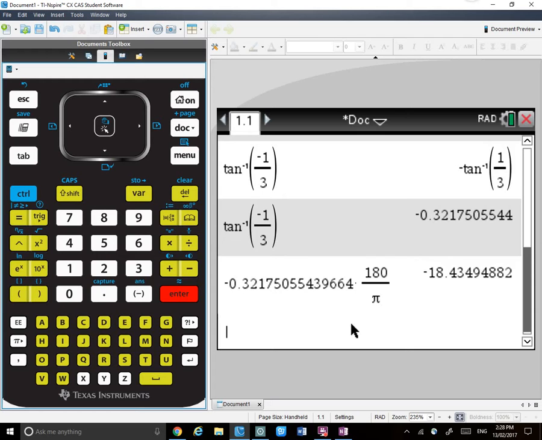Because when you do tangent inverse, as you learned in Spanish, they will only give you a particular range of angles. It's from the negative side to here, so each side 90 degrees. It will only give you negative 90 to positive 90. So it won't give you an obtuse angle when you do tangent inverse. So what does negative 18.43 represent?